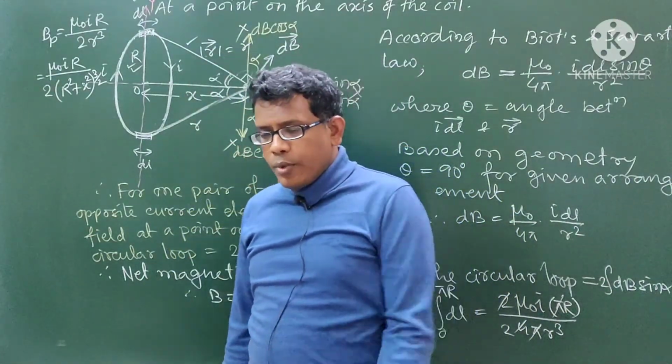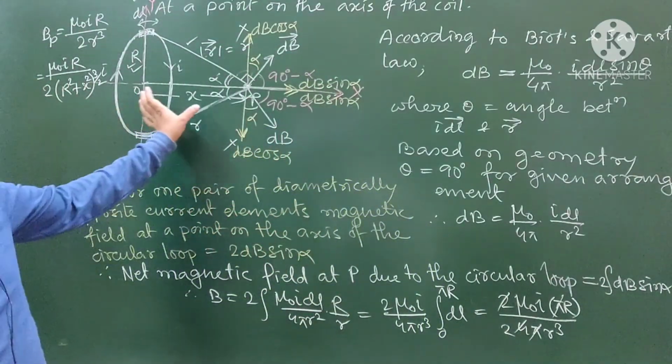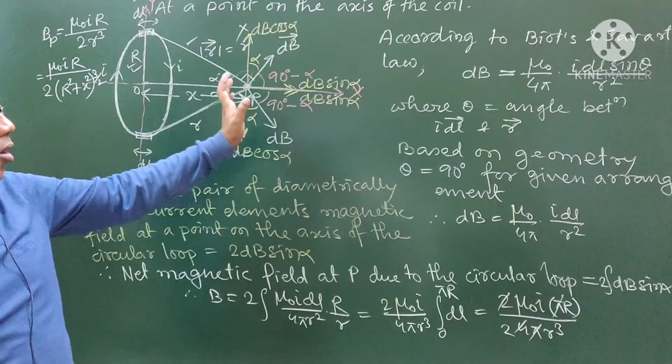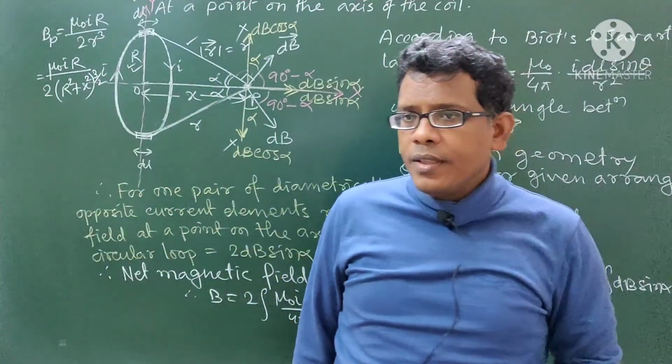You can write it in this form also, where you are expressing the answer in terms of the distance of the point on the axis, which was taken as x, from the center of the circle. Got my point?